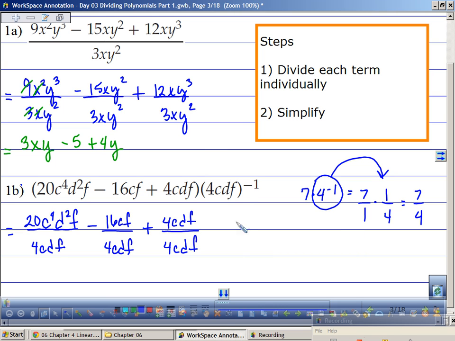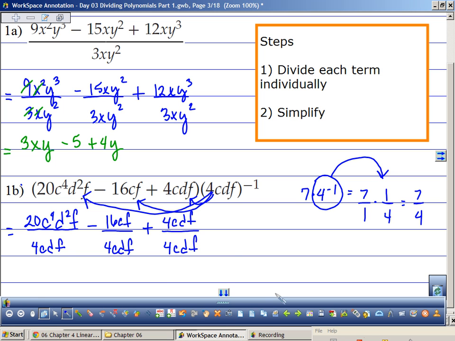So this right here goes in the denominator of each one of these. Here, the denominator of that one, denominator of that one, and the denominator of that one. Everybody with me so far?